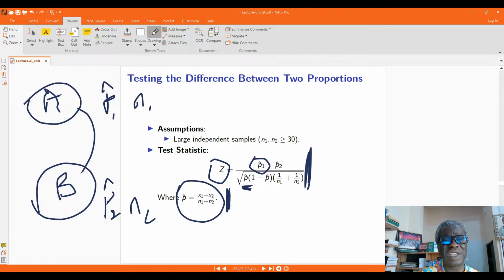N2 is the sample size drawn from sample 2. And so this pooled proportion is what you now use here. It is not from any of them, but it is a pooled one.